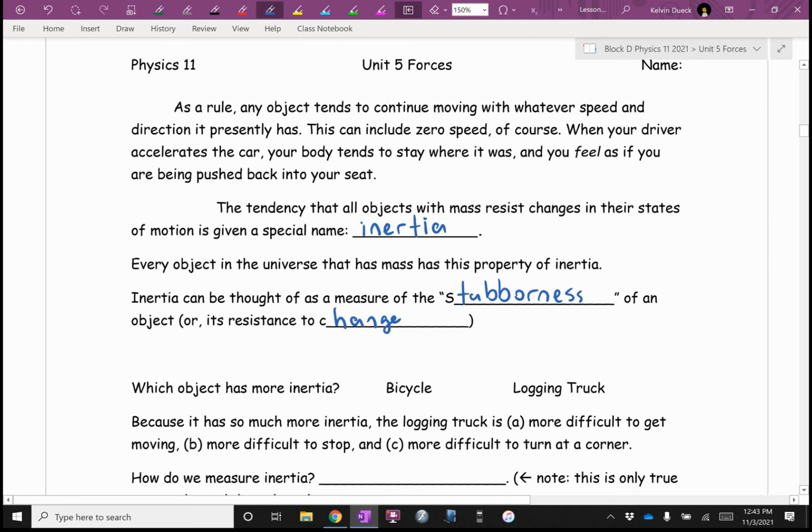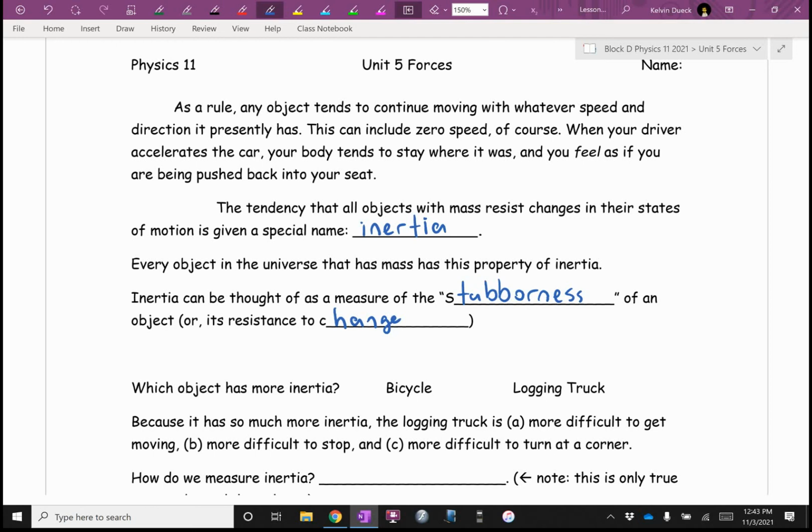Let me give you a good example. You've probably seen either in the movies or on TV a big locomotive rushing along and hitting a car that was parked at rest. Often happens in the movies. You might notice that the big locomotive hardly twitches. Did the car apply an unbalanced force to it?